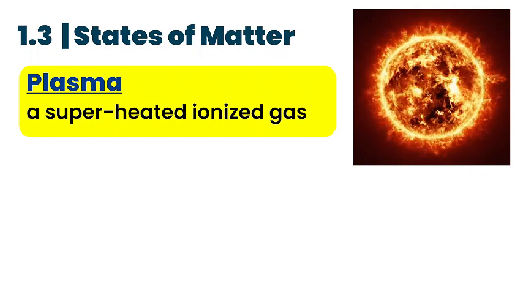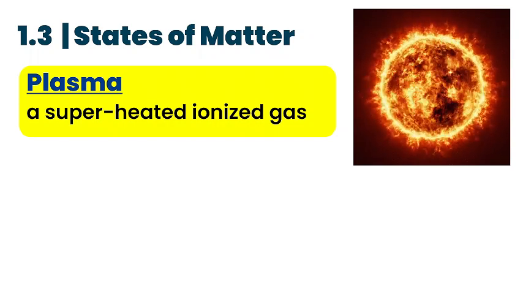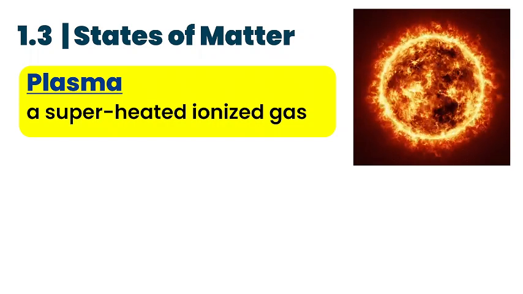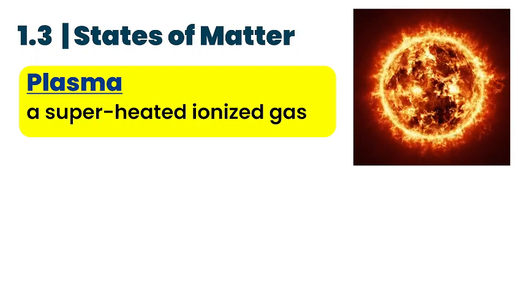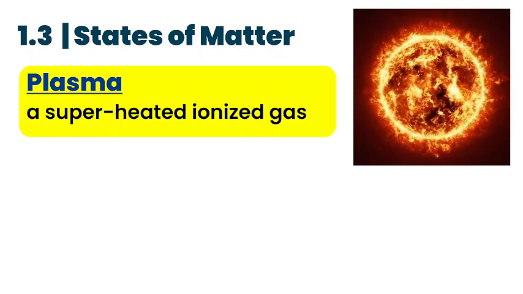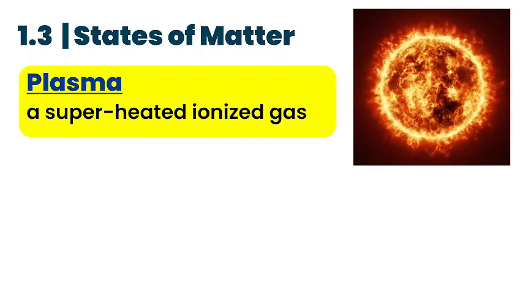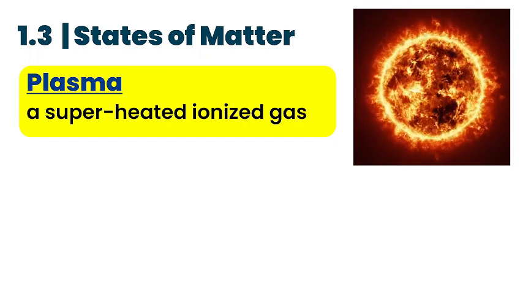Another common example of plasma is, of course, our fluorescent lamps and incandescent bulbs, for example. Inside those bulbs or lamps are gases, mostly noble gases. But when you turn on the lights or lamps, these gases become plasma.